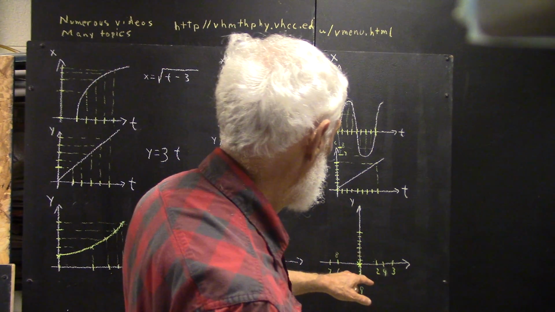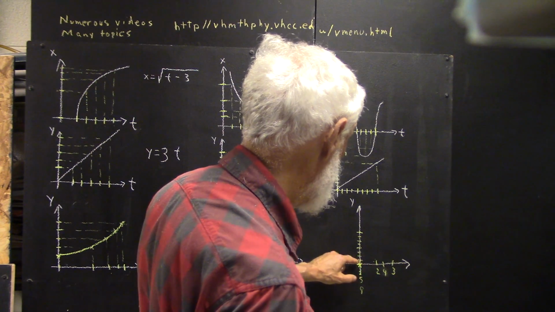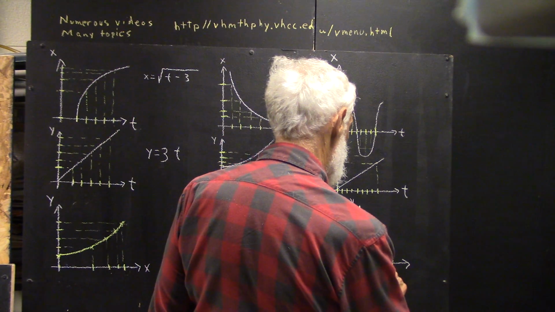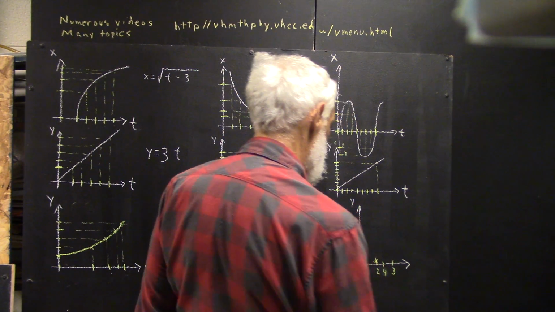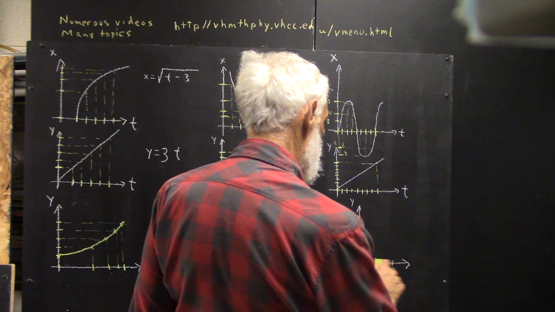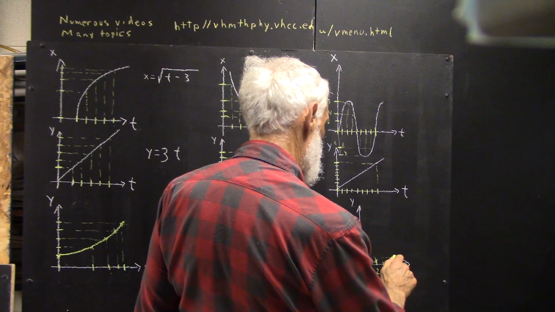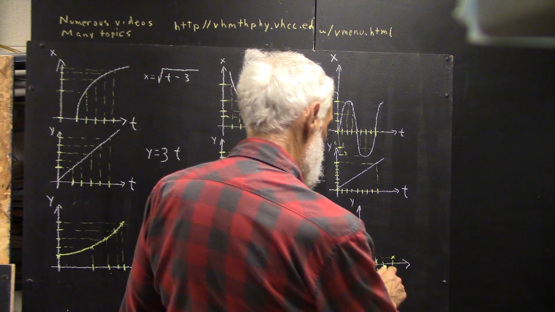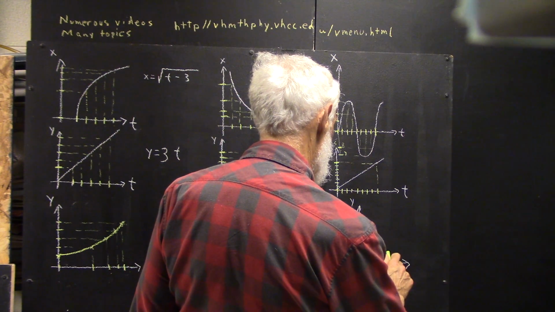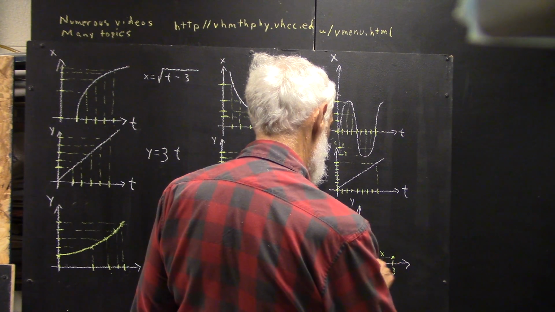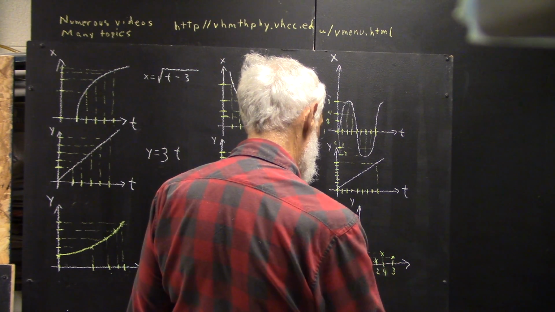Second x value is here, second y value is here, so I can project this point over here. There we go. Third y value is here, and it projects over here to match up with the third x value. And then the fourth y value is here, and it projects over and matches up. And then the fifth one matches up here.